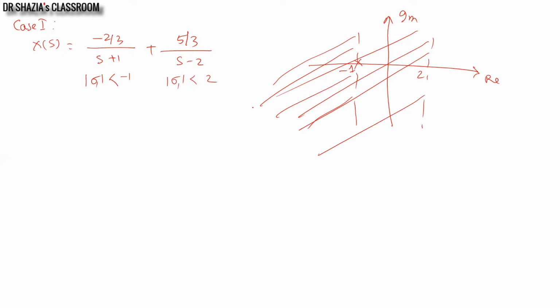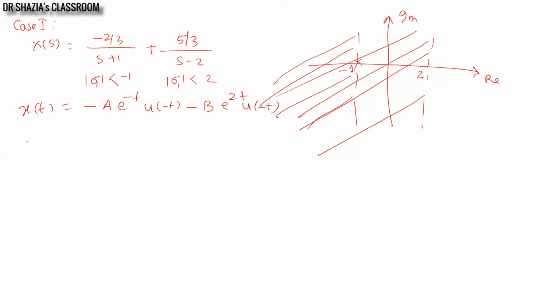So the signal x of t can be generated as shown: minus of capital A e to the power minus t u of minus t, minus of capital B e to the power 2t u of minus t, where A is minus 2 by 3, B is 5 by 3.